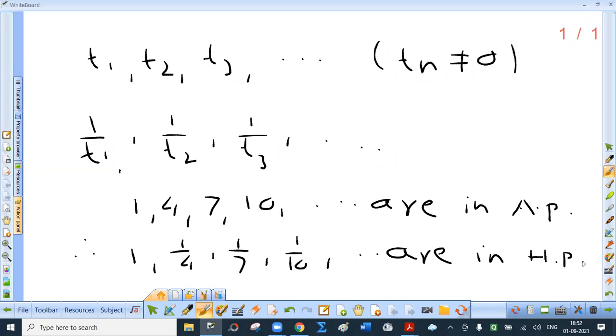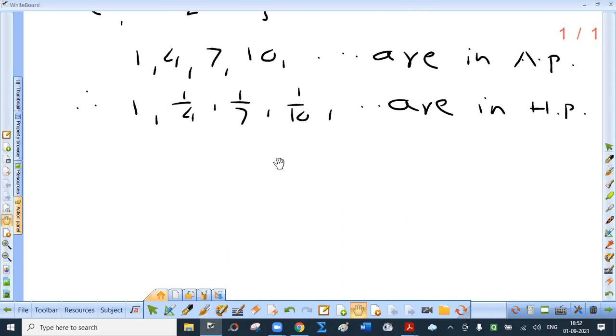Now, can you tell me the formula for the sum of the first n terms of HP? We have a ready-made formula for the sum of the first n terms of an AP. I repeat the question. Can you tell me the formula to find the sum of the first n terms of HP? Yes, anybody?